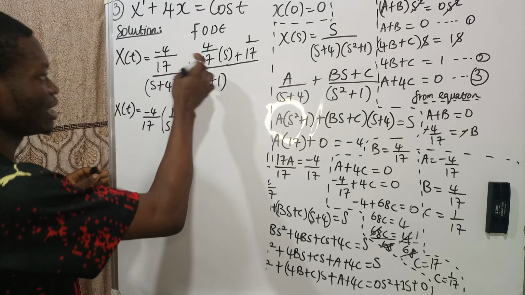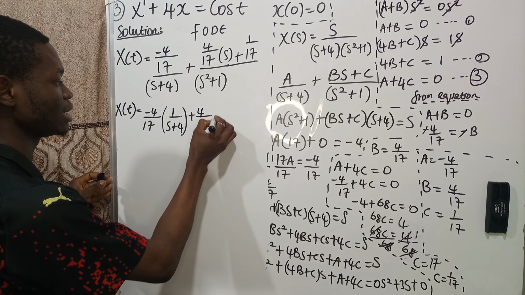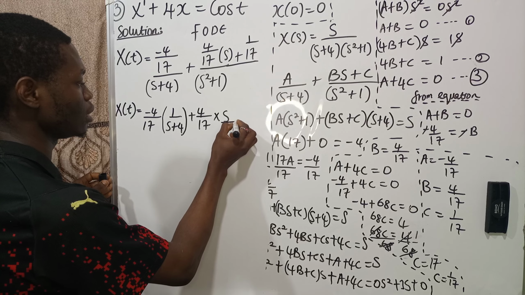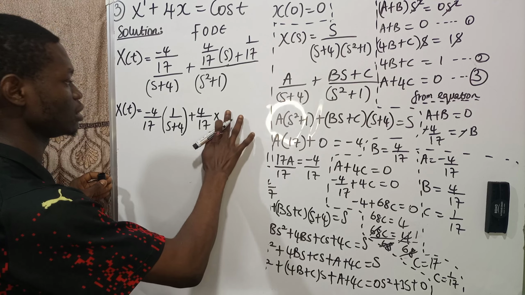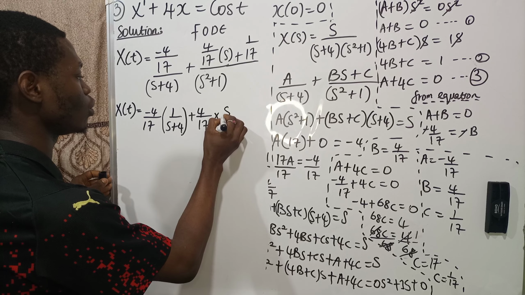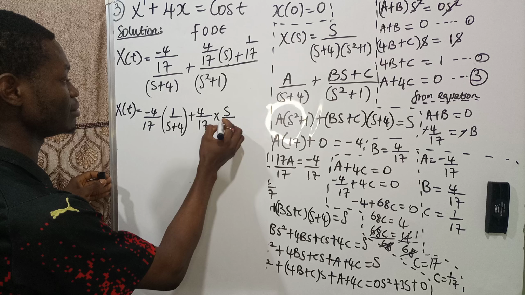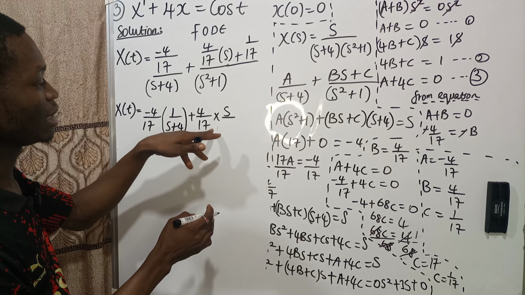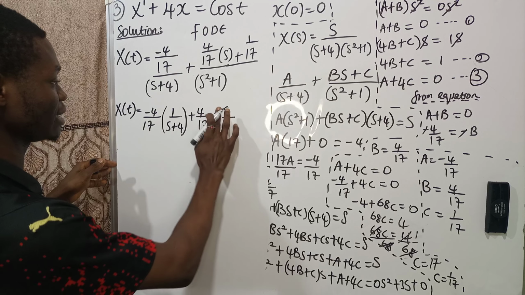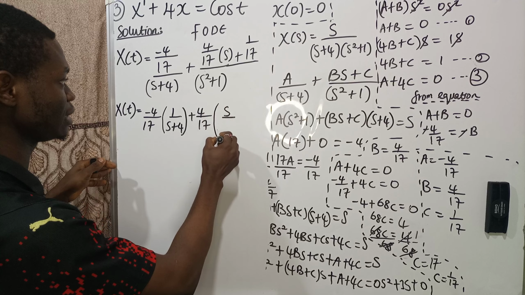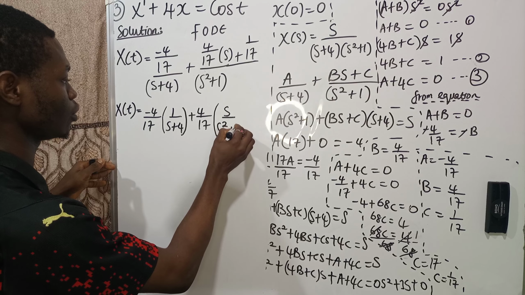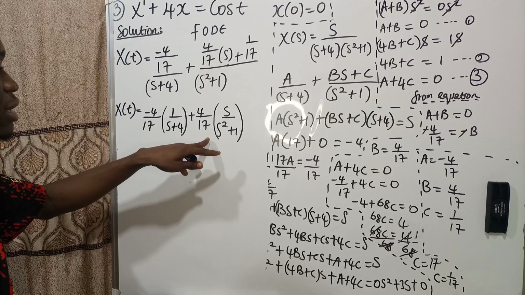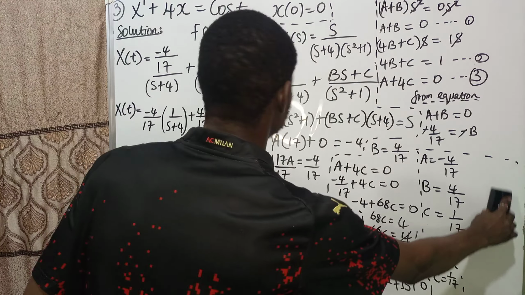Then plus 4 over 17 times s over s squared plus 1. Close it, because when you multiply this you are still going to get this.